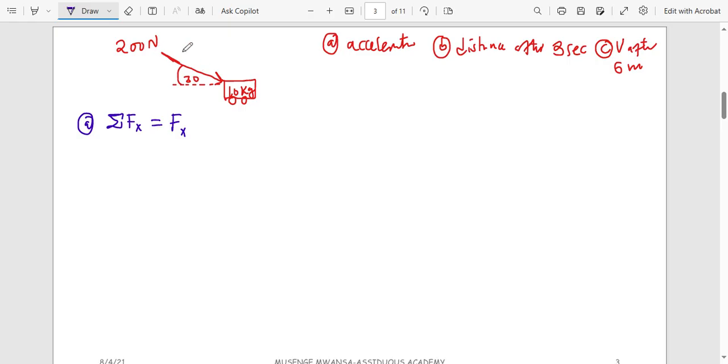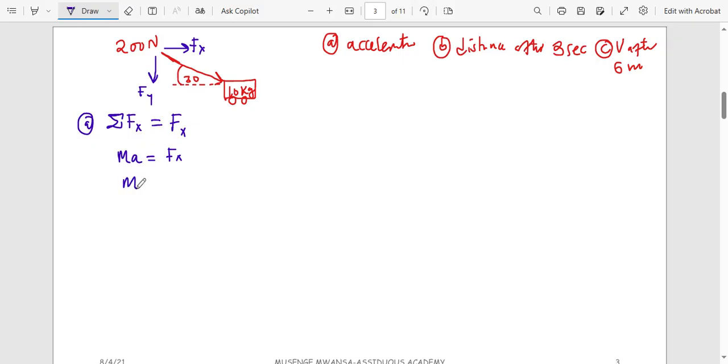Now you can see this applied force is being applied at an angle, so you're actually going to break it into components. There's going to be a component that will be going downwards. There'll also be a component that is going forward. So there's an x component and a y component. Now you know that net force is given by mass times acceleration, and that will be equal to the x component of this force.